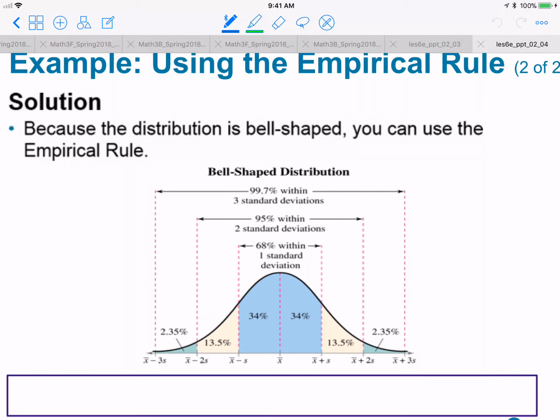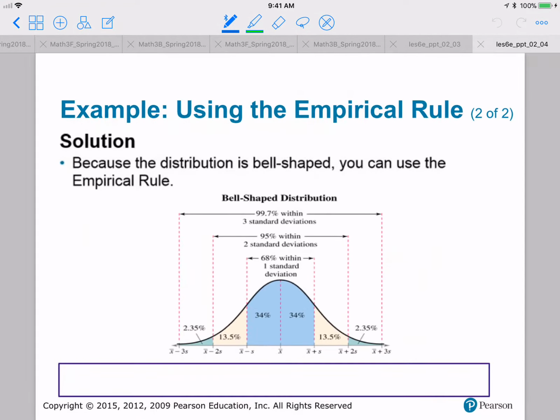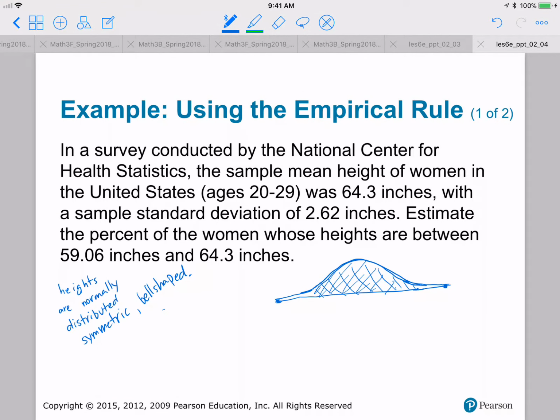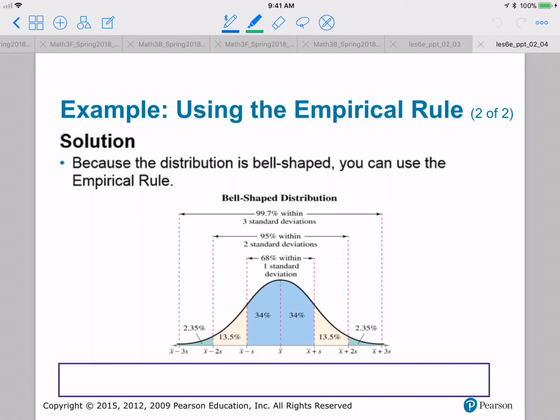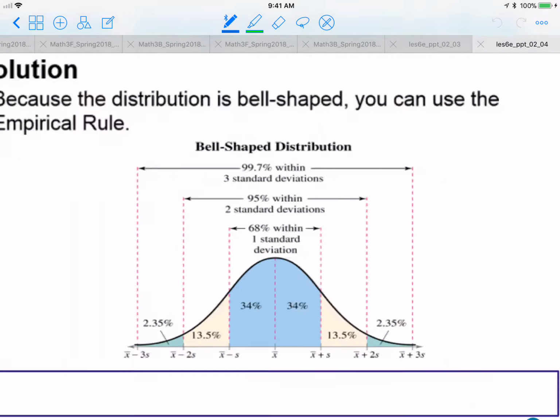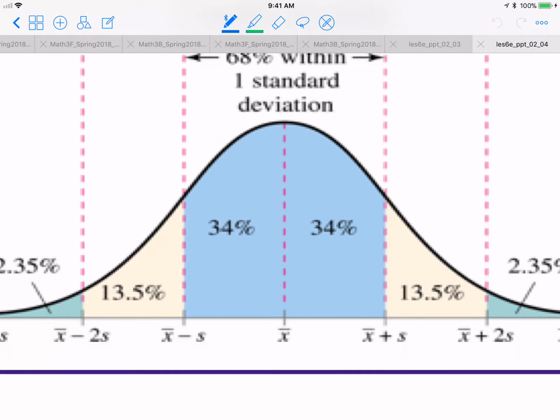So now, what is the mean? We're told this is for 20 to 29-year-old women, right? The sample mean height was 64.3 inches. So this sample mean is 64.3 inches.